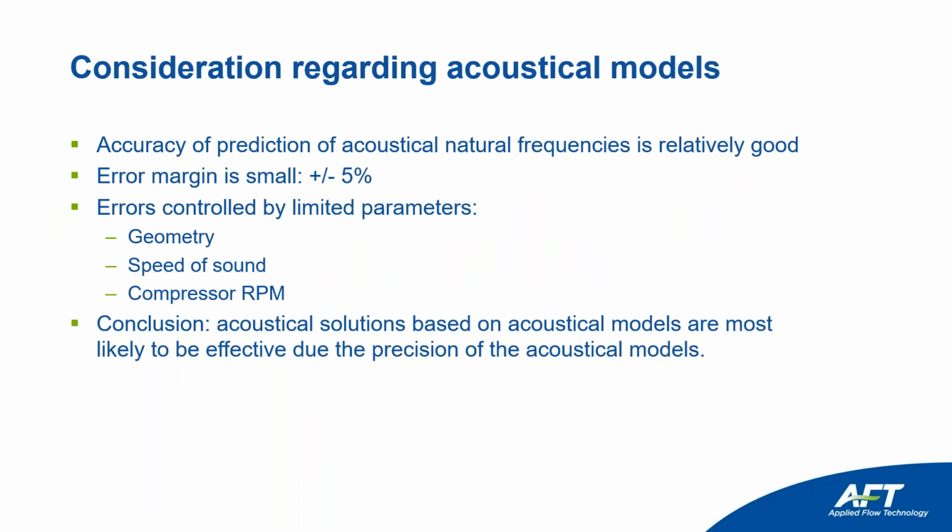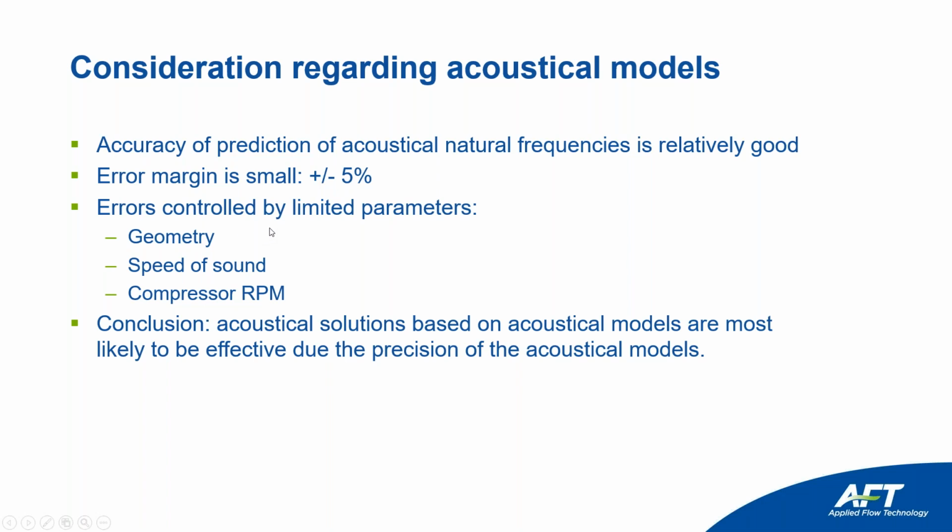Now you have to keep in mind several things about the quality of the analysis. Accuracy of the prediction of acoustical natural frequency is relatively good. The margin is very small, plus or minus 5%.